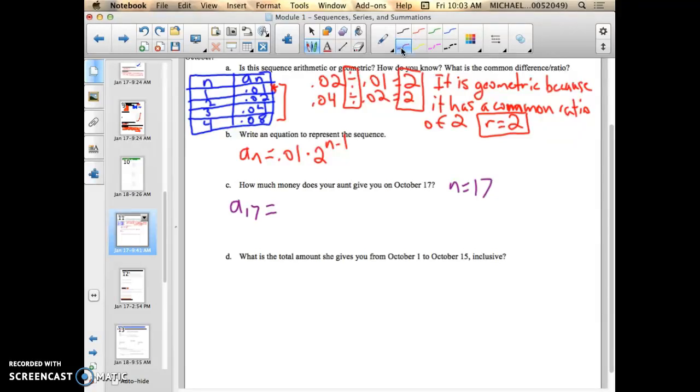So wherever I see an n, I'm going to replace it with 17. So a sub 17 equals 0.01 times 2 raised to the 17 minus 1. And that is going to give me how much money she gives me on the 17th day of October.